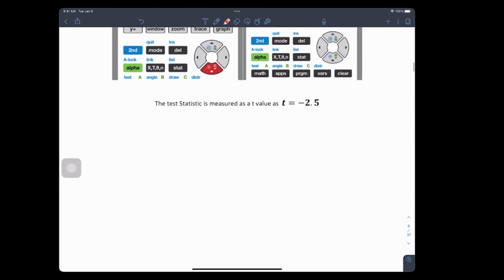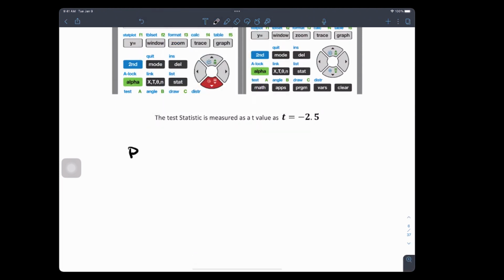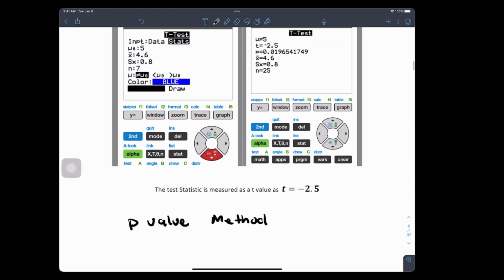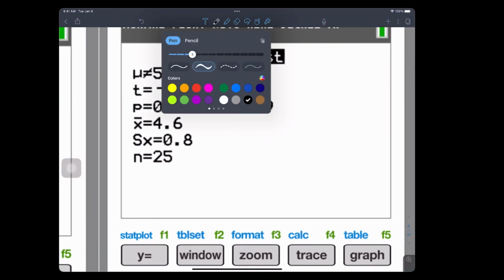Now, here's what I also want to say to you guys. What about the modern method, the p-value method? Didn't we start the day talking about that? So if I said to you, let's do the p-value method now.